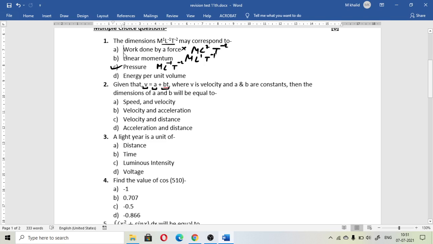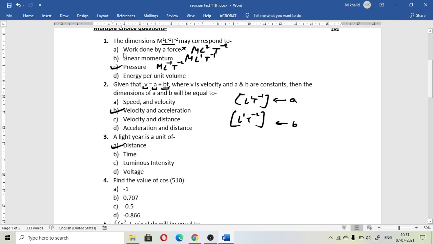Dimension of velocity is L1 T minus 1. So dimension of a will be the same and dimension of b will become L1 T minus 2. So a has become velocity and b has become acceleration. So velocity and acceleration, B will be our answer. Light year is a unit of distance, obviously.